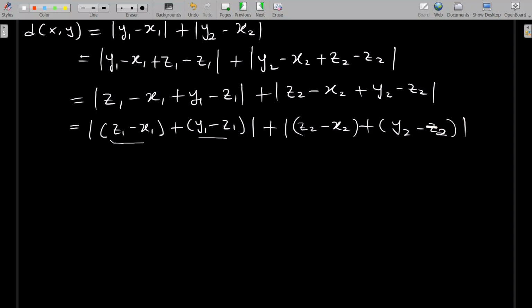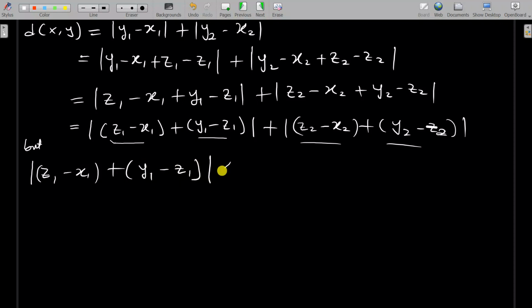If I treat these as two different entities, then obviously we should introduce something, because you can separate them and do it differently. You can write z1 minus x1 in one bracket plus y1 minus z1 in another bracket, absolute of them. This is less than or equal to the absolute of z1 minus x1 plus the absolute of y1 minus z1.